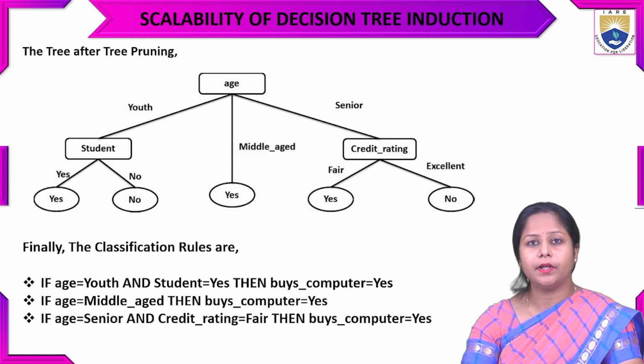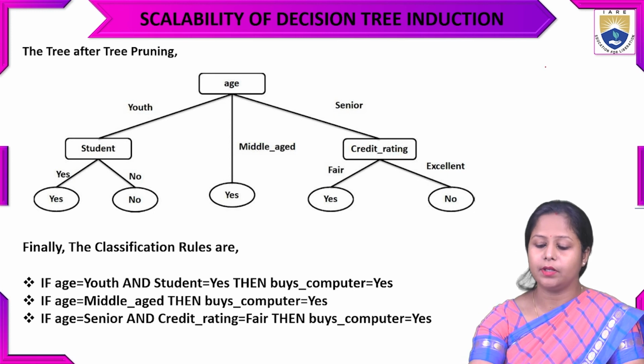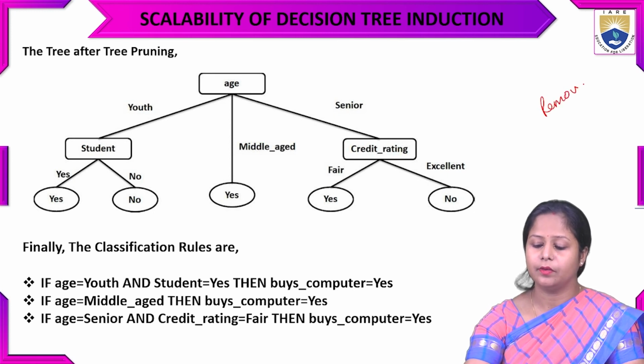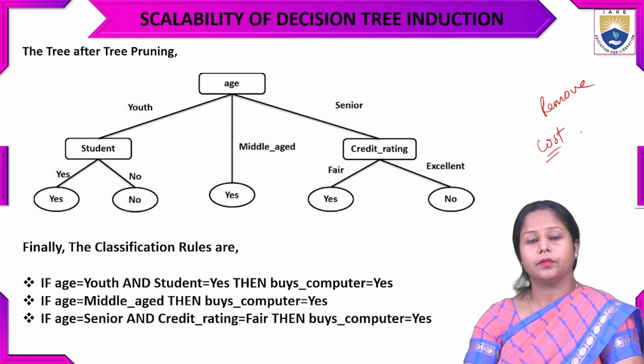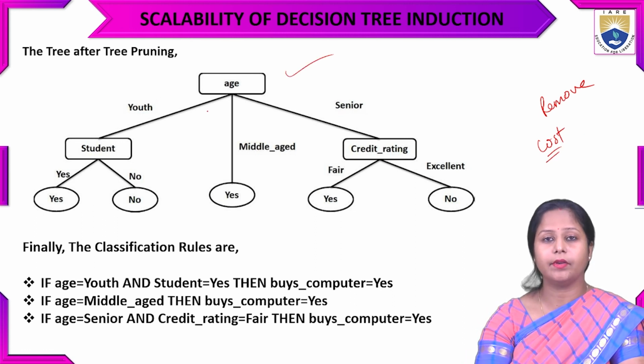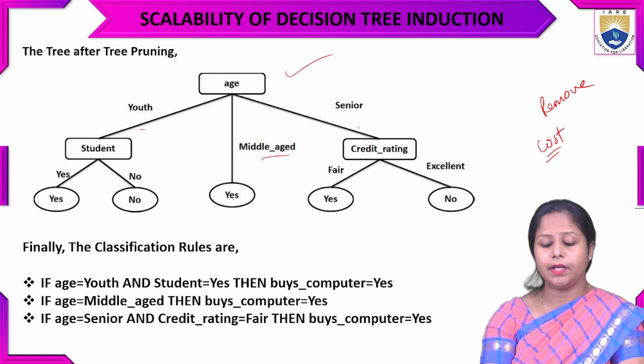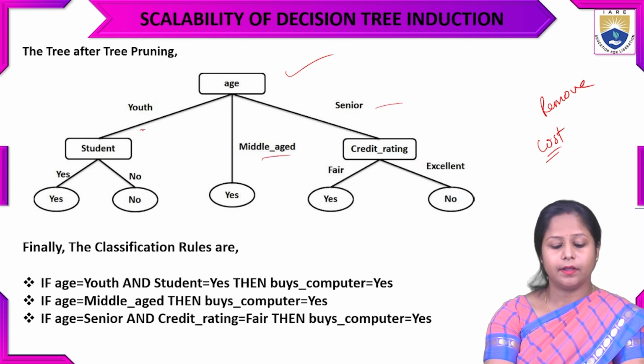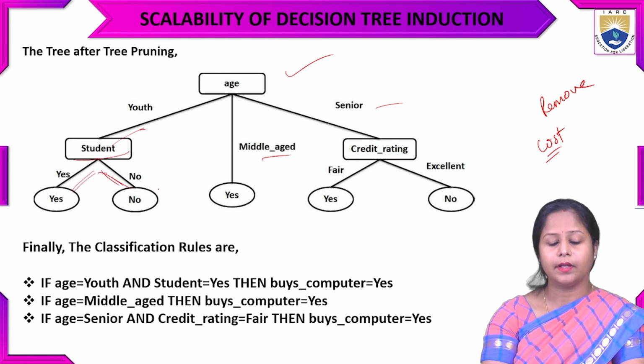So after the tree, we will do the tree pruning to remove some of the cost inefficiency. So we will have this graph that is having the age, youth, middle aged, and senior. And in youth, it is having the student node with yes and no classes.